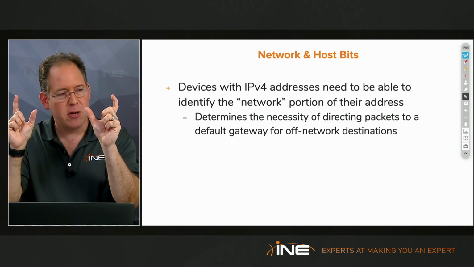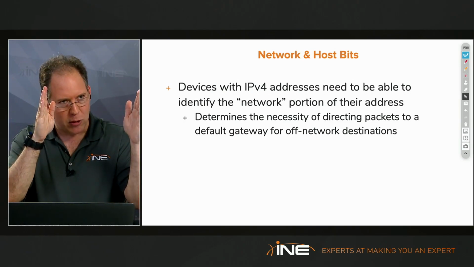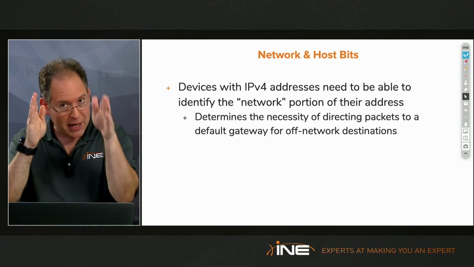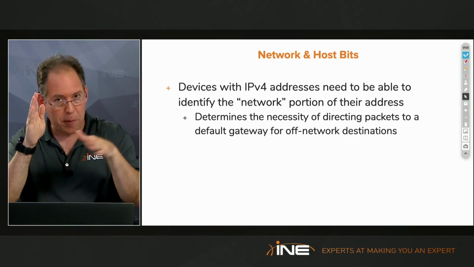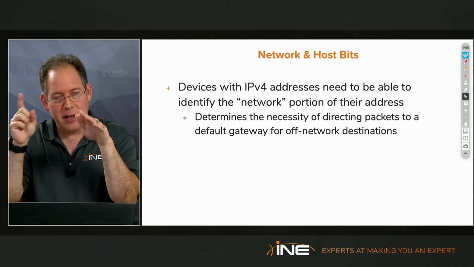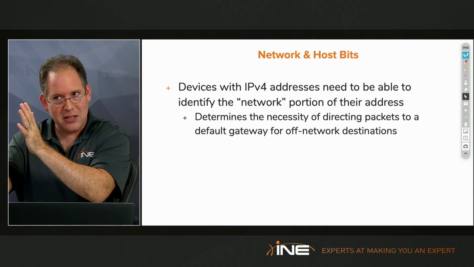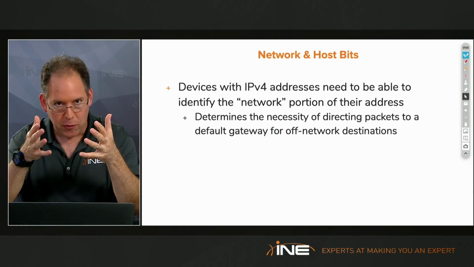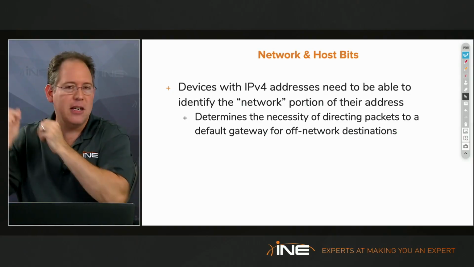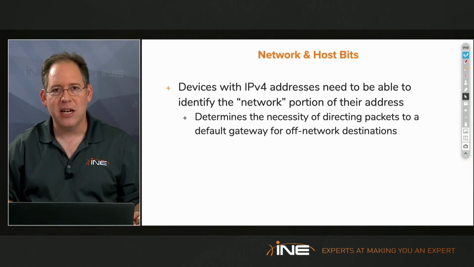And that device says, okay, of this 32-bit number which represents me, I know these first few bits are my networking bits. That's the part of the network I'm in. Let me look at the destination. Are the same bits in the destination matching my group? In other words, are the networking bits I have the same as the networking bits in this destination?